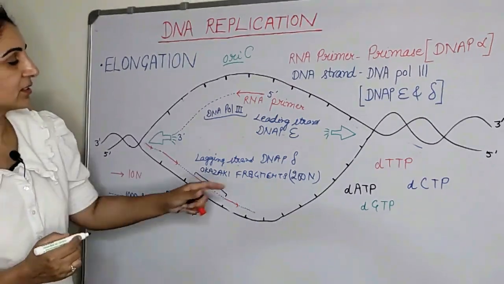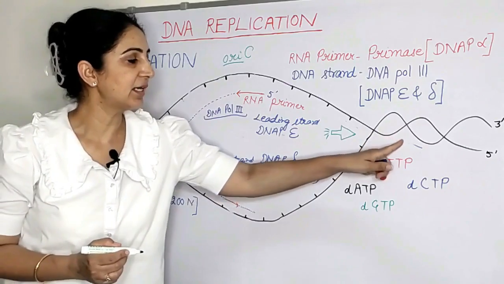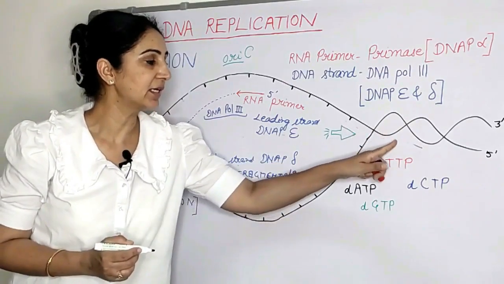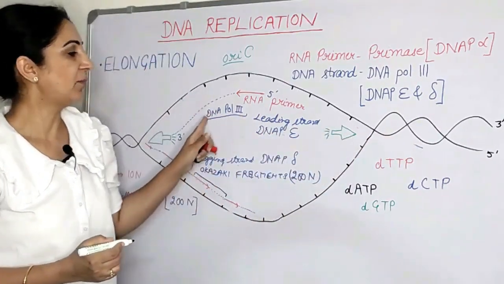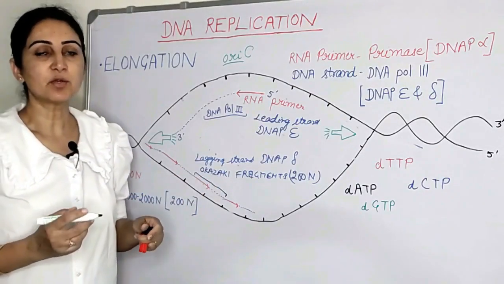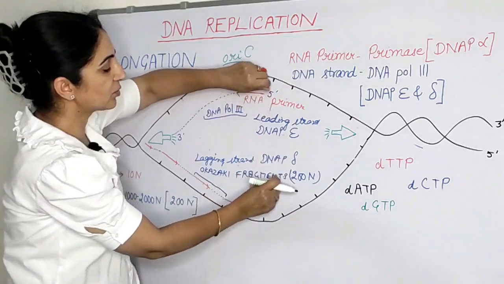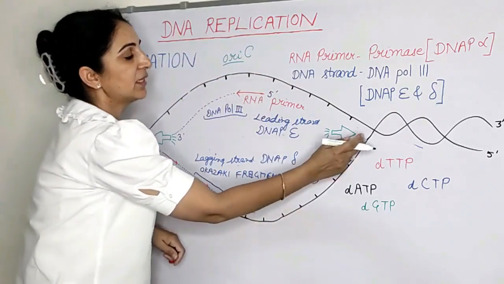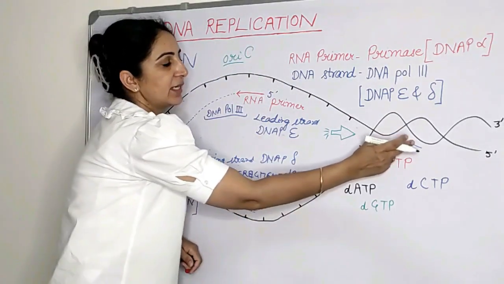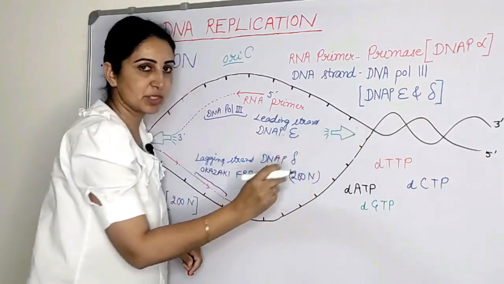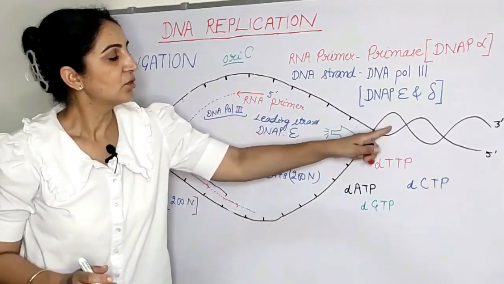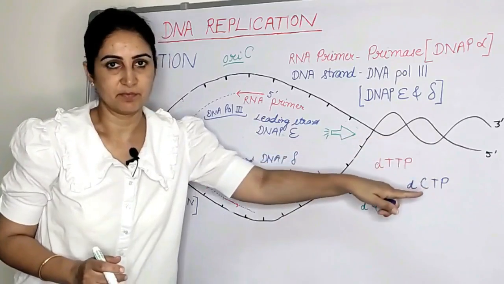One more point is, when you are unwinding the DNA double strand at the corners of the replication bubble, you form supercoils. See, if you are moving these two strands apart, here these strands get under torsion and they supercoil over themselves.